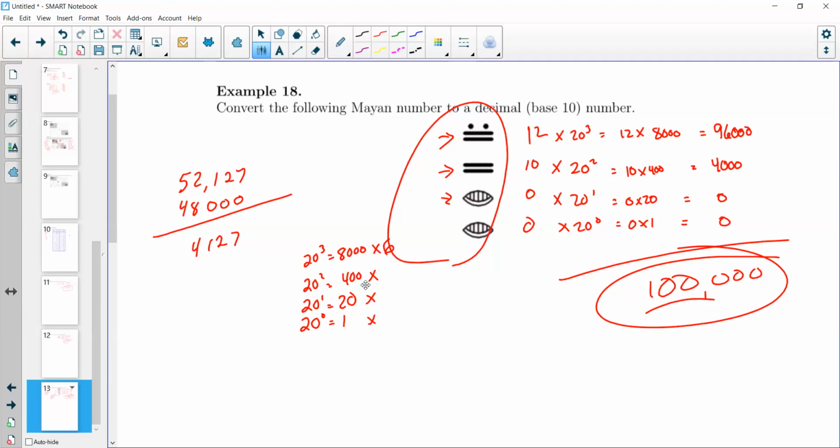Are you sure? How many times does 20 go into 127? 6. Close enough. 7.